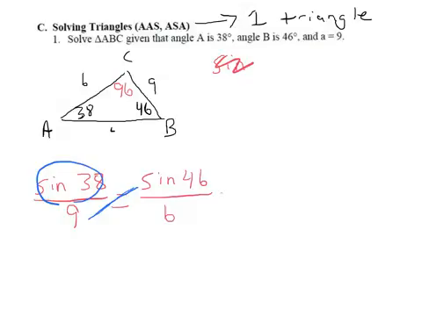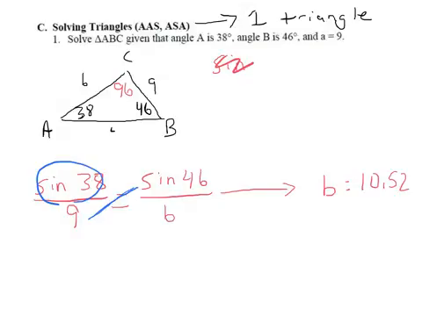When you do that, b is going to end up equaling 10.52. So I would like you to pause right now. Make sure you know how to get the 10.52. If you can't figure it out, write the work down and ask a question in class tomorrow. And once you come back, I'll show you how to solve for side c.